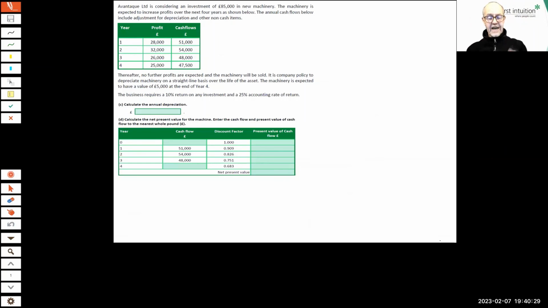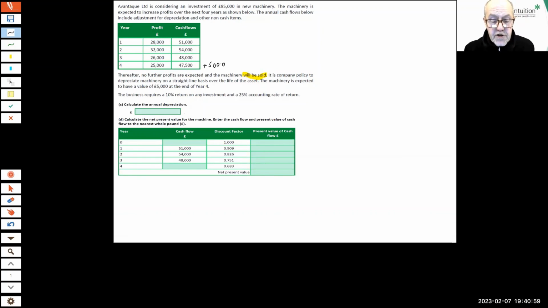You're looking for the cash difference each year, how much extra income or saving and how much saving or cost. So, read carefully. No further profits expected. The machinery will be sold. Now, that's significant because that does mean that at the end of life, when it's sold, we'll get some more money for it. So let's make a little note there so we don't forget that.